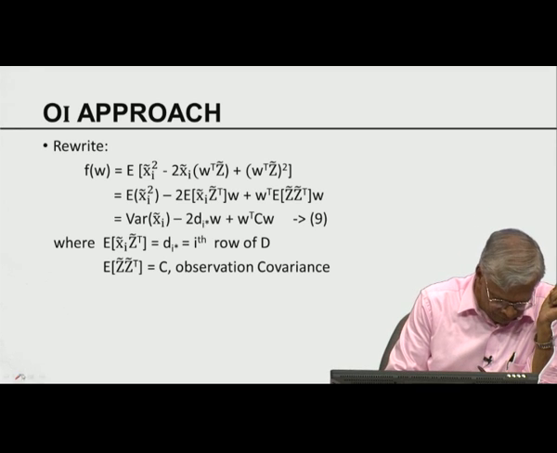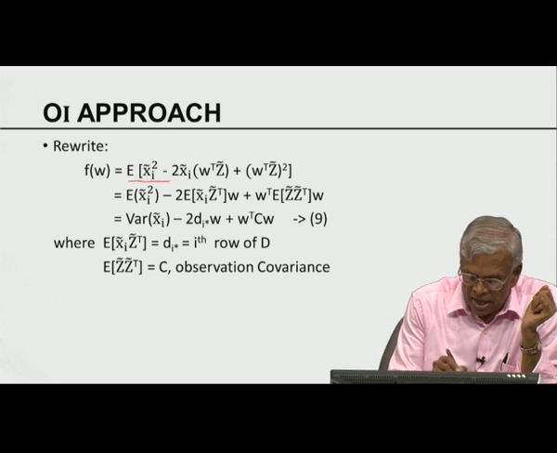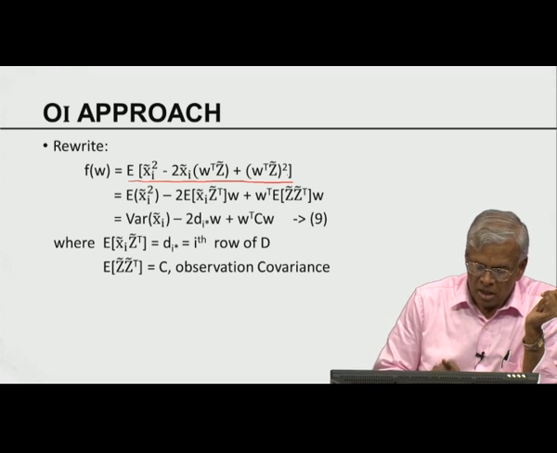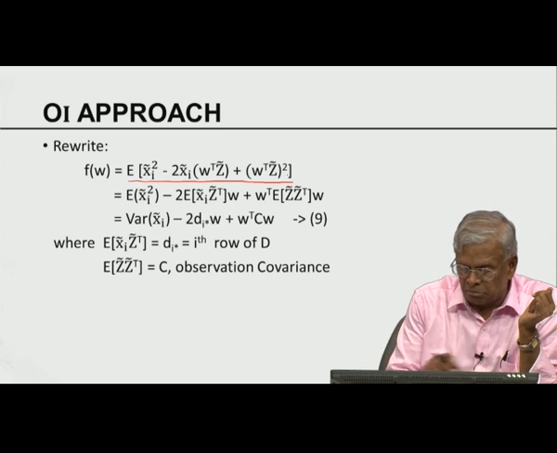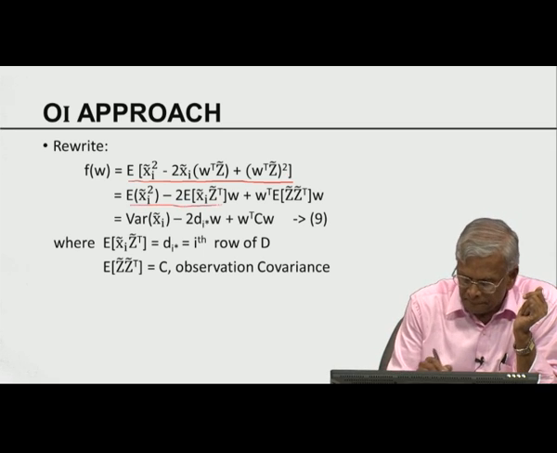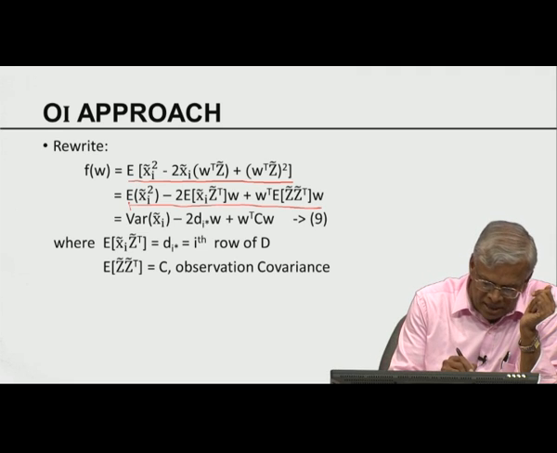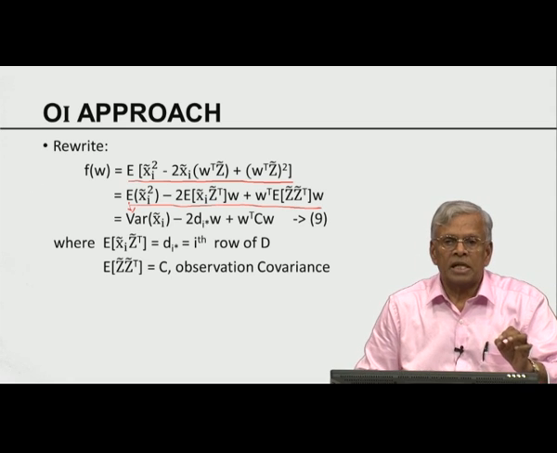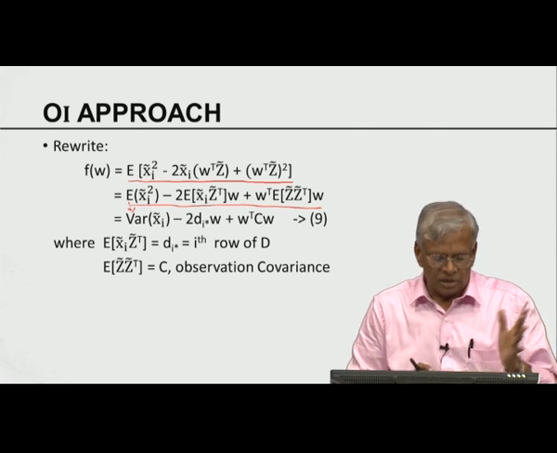F of W can now be written as this because it is like (a minus b) whole square. The expectation operator I can pull into each of the terms. Expectation of the sum is the sum of the expectations. The first term is the variance of xi. Expectation of the square of xi tilde is the variance.